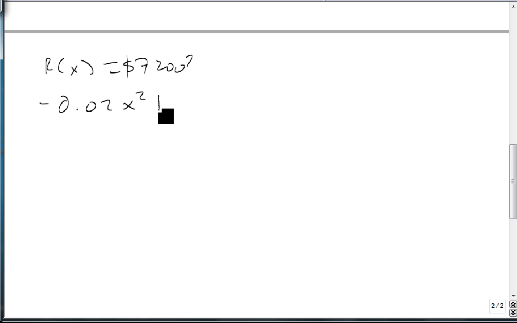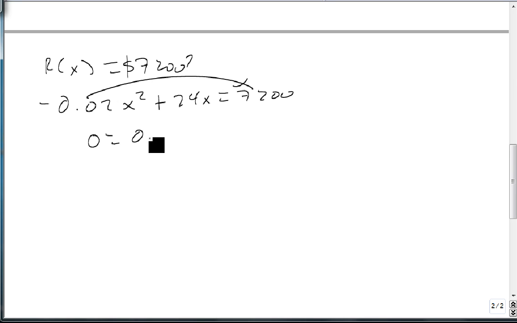So we want to know, when does R of x equal 7,200? Well, that's the same thing. Minus 0.02x squared plus 24x equals 7,200. Again, let's move these over to this side. So 0 equals 0.02x squared minus 24x plus 7,200.